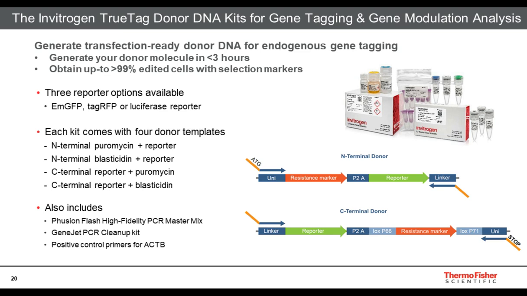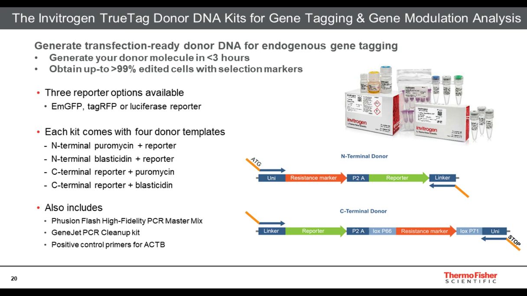We have a really nice kit, the TrueTag donor DNA kit for gene tagging, and you can use this for gene modulation analysis. Since we're tagging with a fluorescent protein, it's really valuable, and one method to analyze these types of experiments is using flow cytometry.